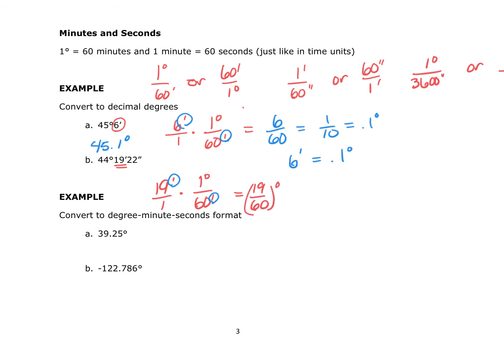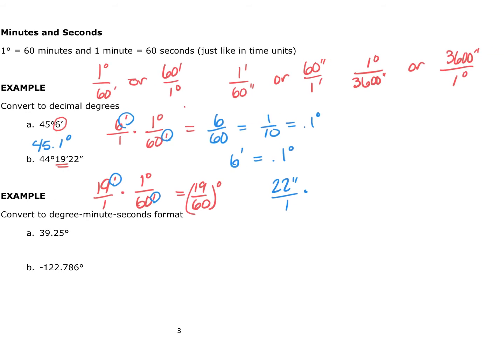I can take my 22 seconds and convert first into minutes and then into degrees, or using these unity fractions, I can go right into degrees. So that's what I'm going to do. So for the second part, the 22 seconds, I'm going to put it over 1, and its unity fraction, because I'm going to want to eliminate seconds and go into degrees, is going to be 1 degree over 3,600 seconds.